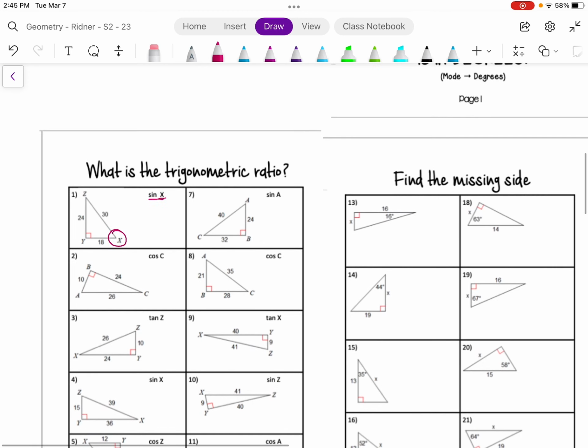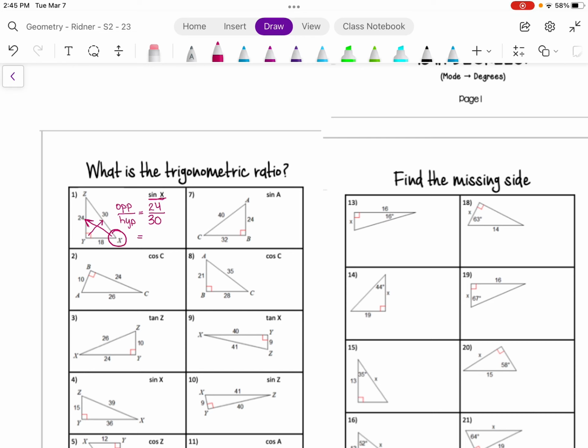Okay, so opposite over hypotenuse. So from angle X, the opposite, draw yourself a line, opposite. That's 24. Hypotenuse, draw yourself a line across from the right angle. And that's it. The last thing we need to do is reduce the fraction, and that's it.